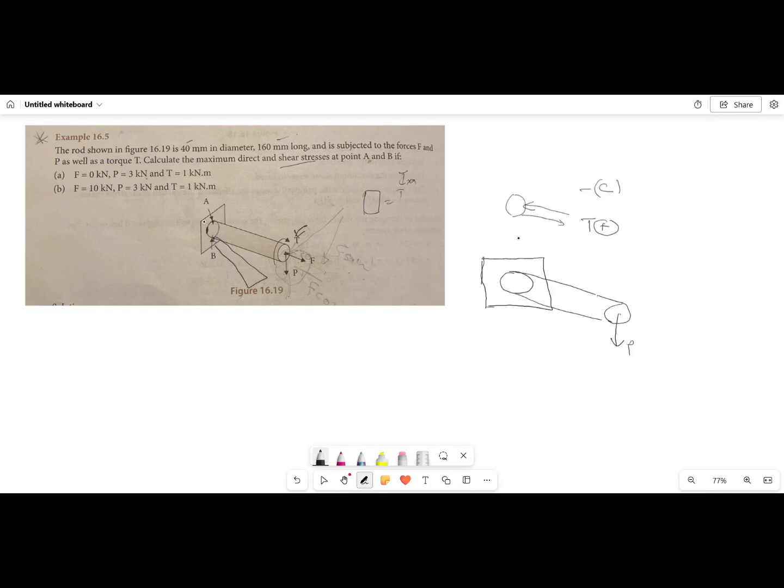But as I'm bending, I will also be pulling. I don't know how to say it clearly. That's why I like explaining it physically. In this case, P is creating a bending because while it is bending, this object will also have the tendency of pulling. So the same force P is creating a bending and also creating a direct stress.